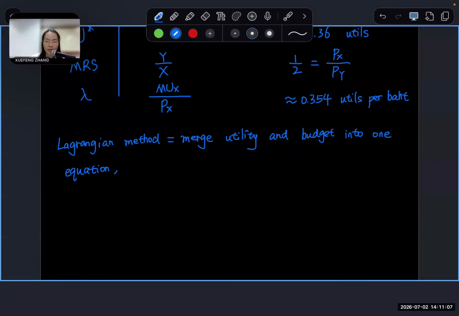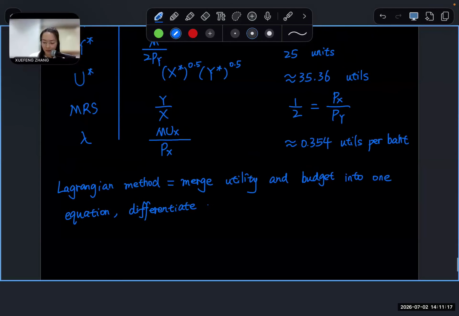And then we differentiate 3 times. We solve it.